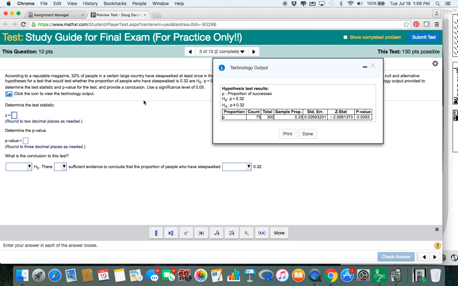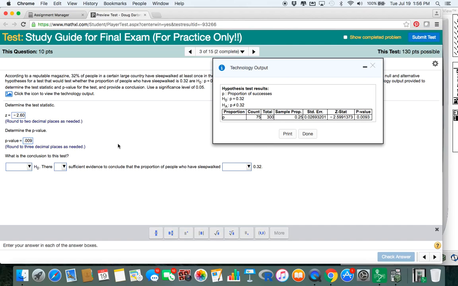So the Z statistic, to two places, is negative 2.60. The p-value, we want to go to three places there, so that's 0.009.